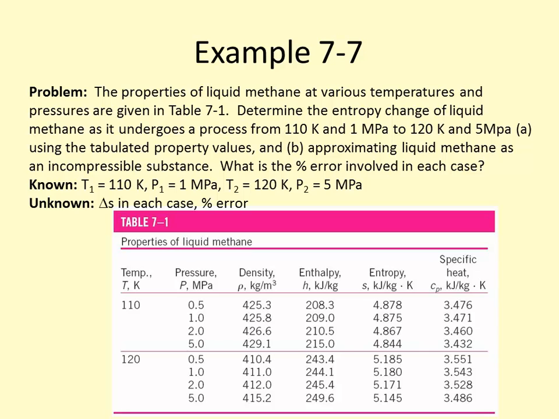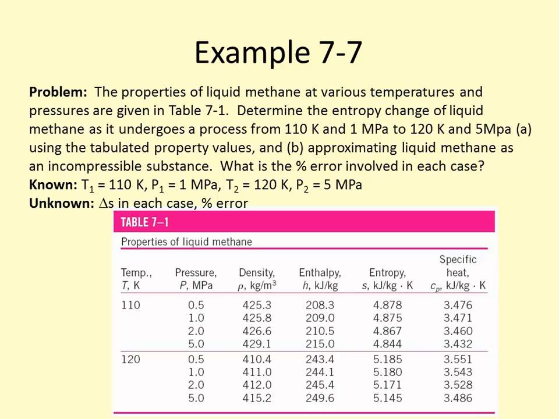Okay, so let's use the alternate method. If we assume that S2 minus S1 is now equal to C average times the natural log of T2 over T1. Okay, what do we use for our average C? You take the C values at each temperature and use the average of those.